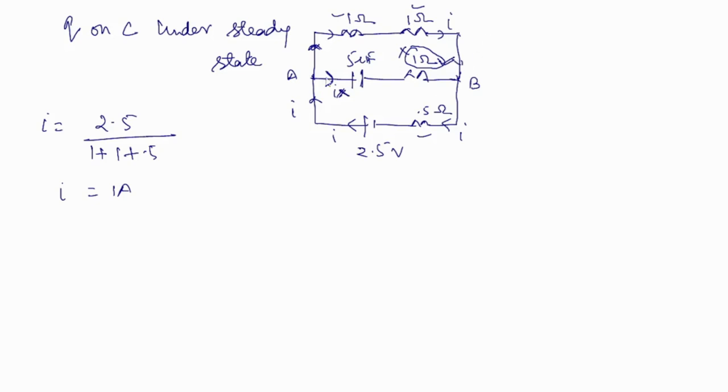So the net potential between these 2 points A and B will be the potential due to the capacitor, the charge on the capacitor.